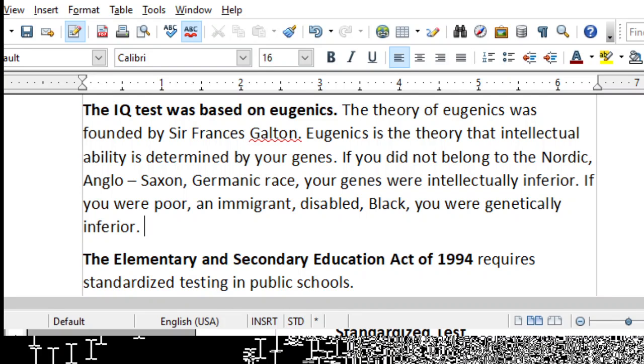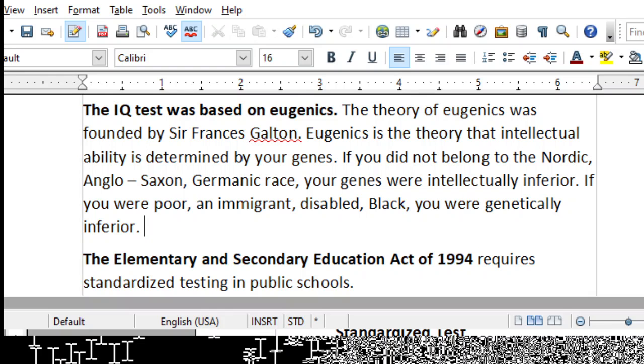So basically, the reason we have IQ tests is because this man named Sir Francis Galton said that your level of intelligence was based on your genetics, your DNA. If you did not belong to the Nordic, Anglo-Saxon, or Germanic race, then you were intellectually inferior.